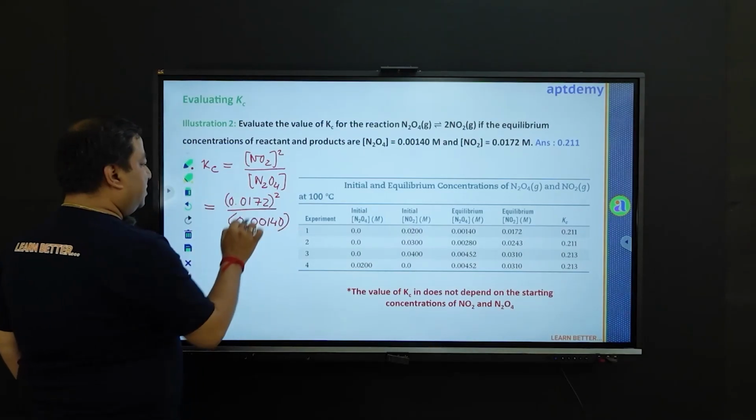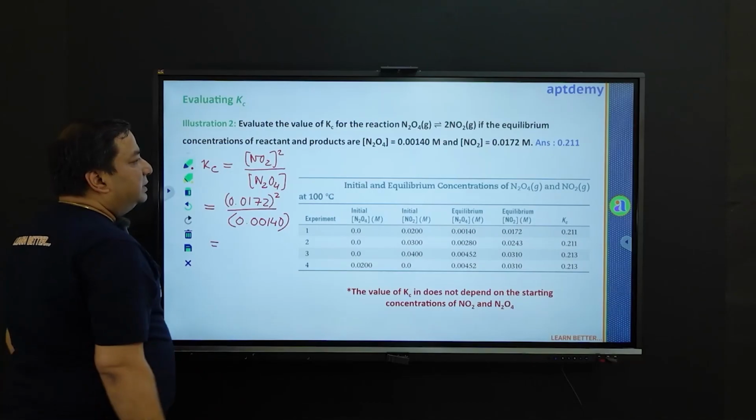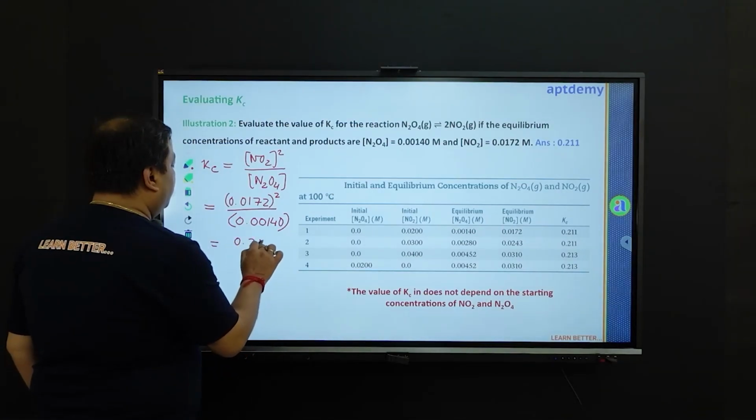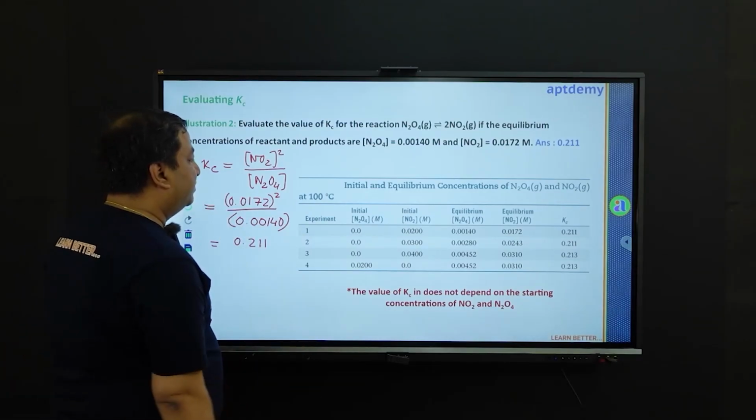If you calculate this, the answer we get is 0.211. That will be the value of Kc.